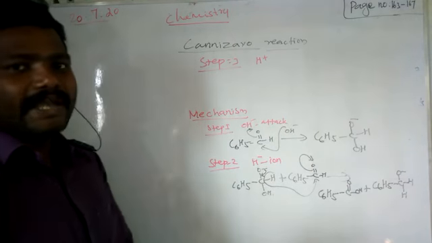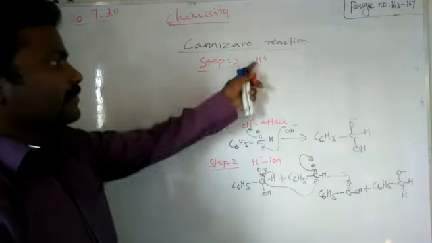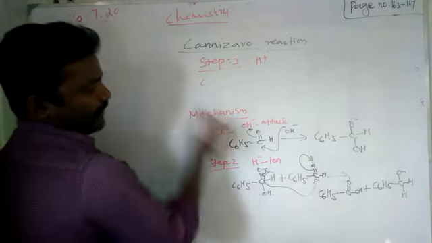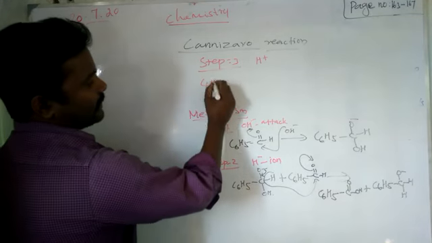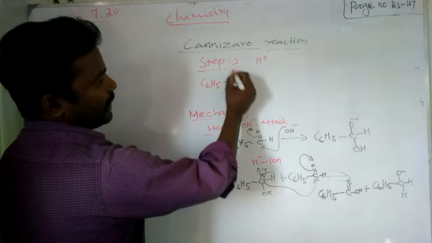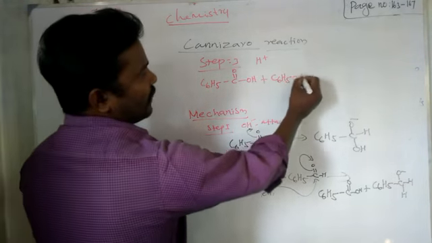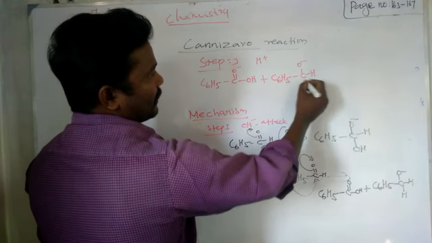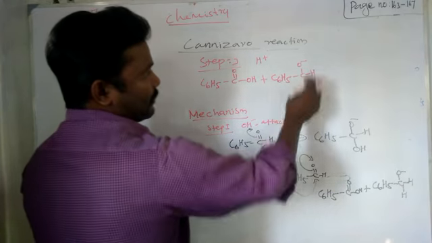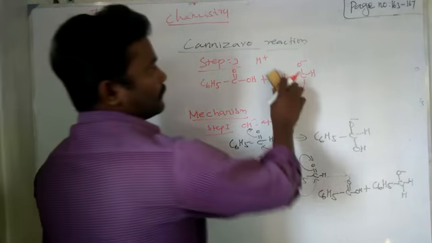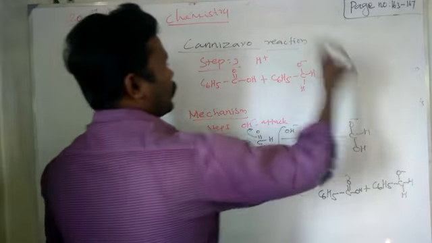H minus means hydride, H plus means proton. So you write both as such from the previous product. C6H5 C double bond O OH plus C6H5 C O minus HH. This you can simply write as CH2O minus, no problem.